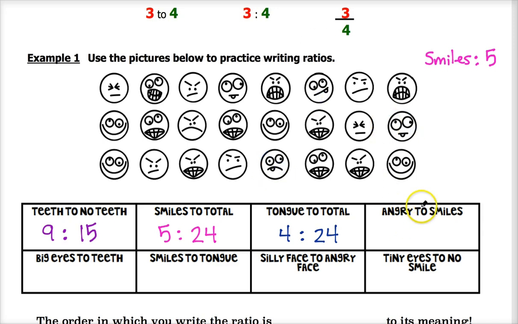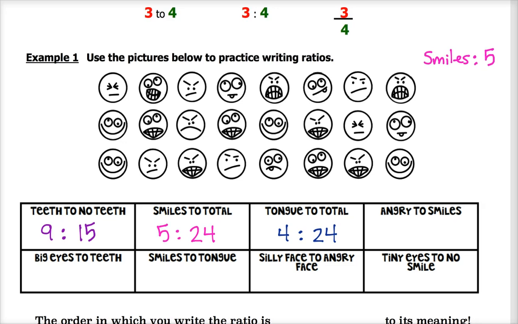Next, we have angry to smiles. So we have to interpret what's an angry face here. Again, this is open to interpretation, but it looks like this face here is kind of angry. So there's 1. There's another angry face, 2, 3, 4. This face here looks kind of angry. I'll go ahead and circle that. 5.